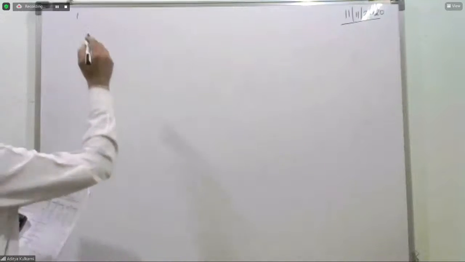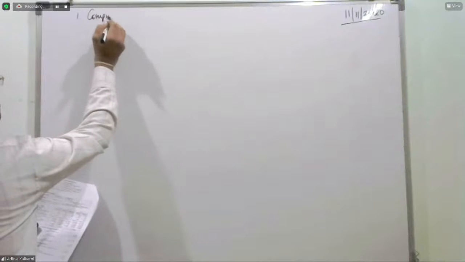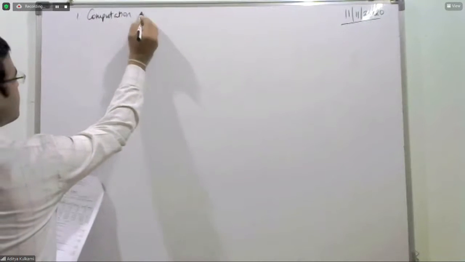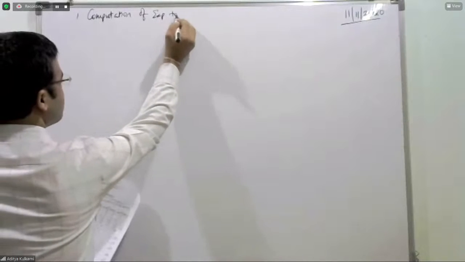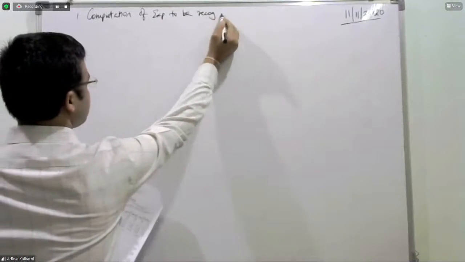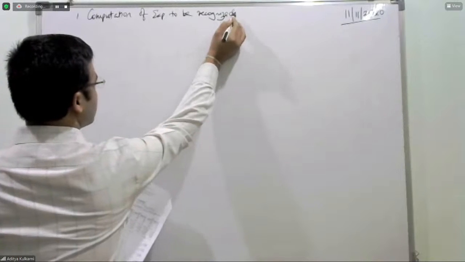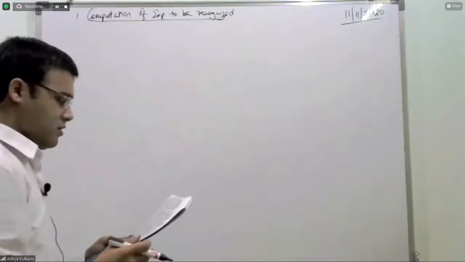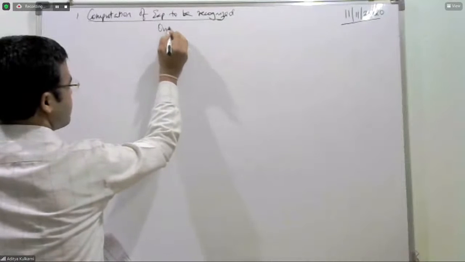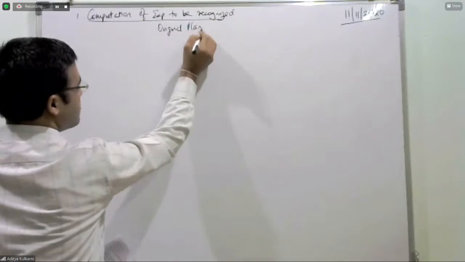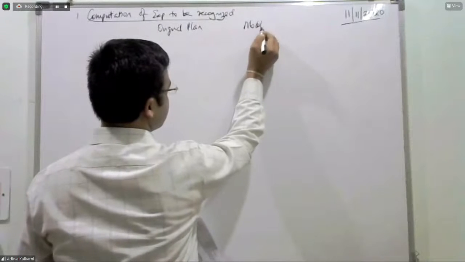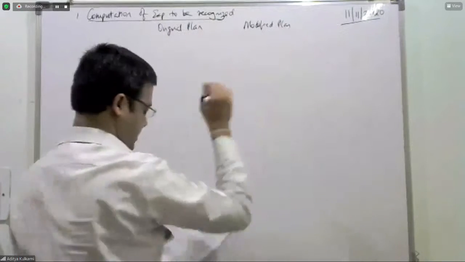Okay. So now, computation of expense to be recognized. How do I do this? Now, original plan and modified plan. Expense to be recognized based on what?